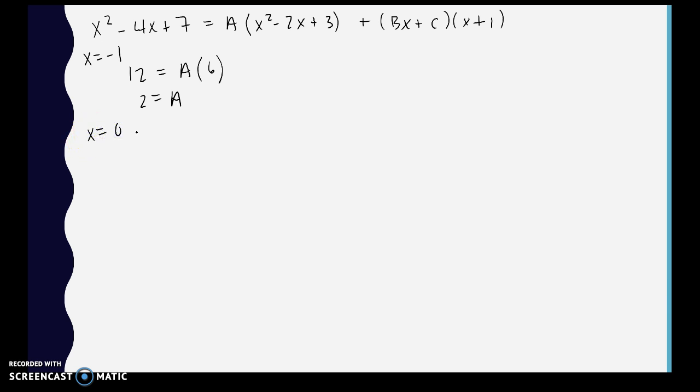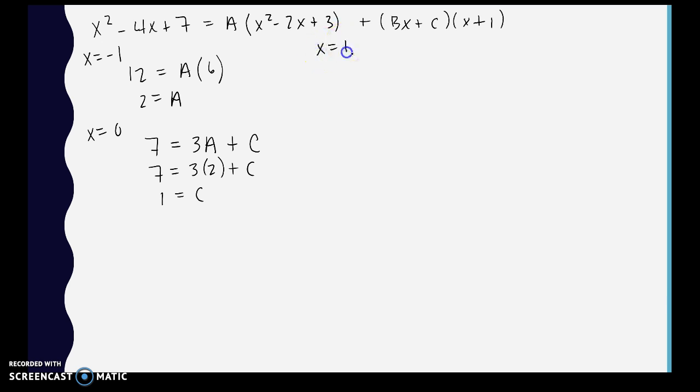Next, let's replace x with 0. So I get 7 equals 3a plus, this becomes 0 plus c, so c times 1 gives me c. Substituting in the value for a that we found, 1 is equal to c. So now lastly, to find b, we can really pick any other value for x.